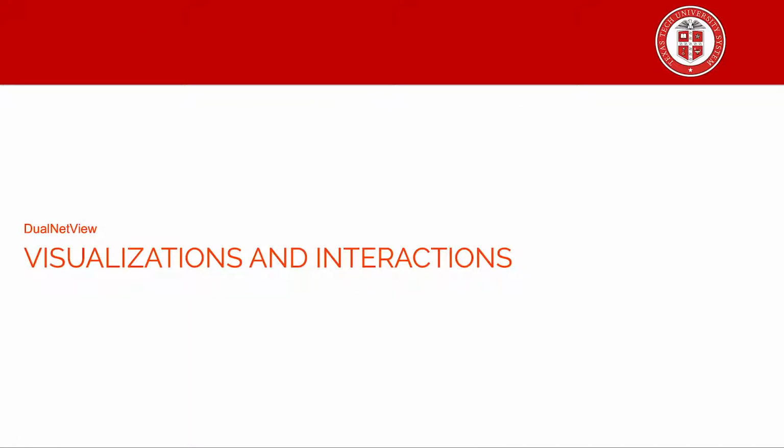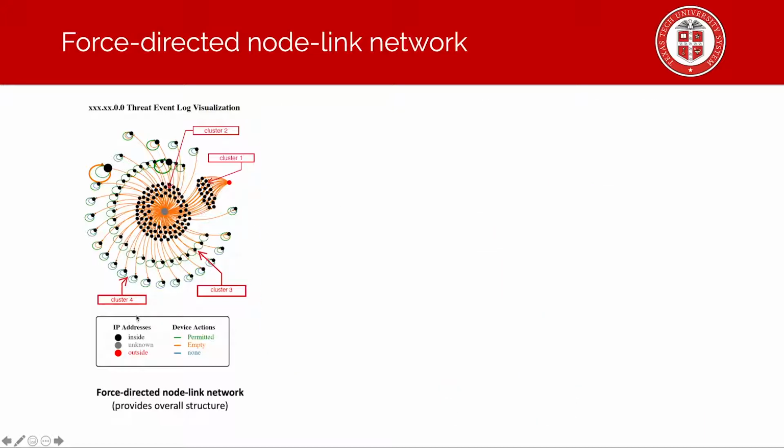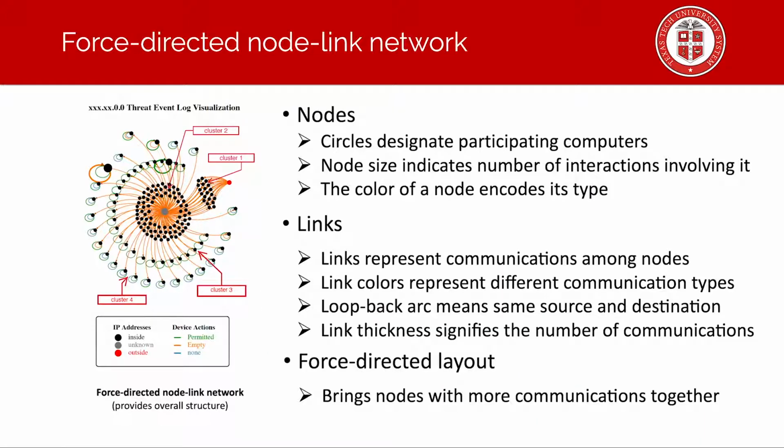DualNetView visualization and interactions. The first component of DualNetView is the force-directed node-link network on the left. This helps to provide the overall structure of the network. Nodes are the circles designating participating computers in this case. Node size indicates the number of interactions involving it.